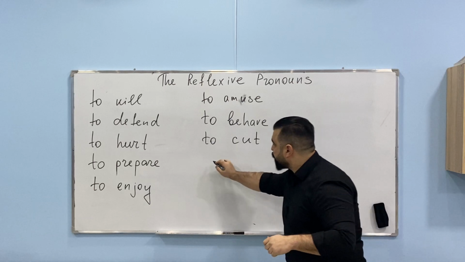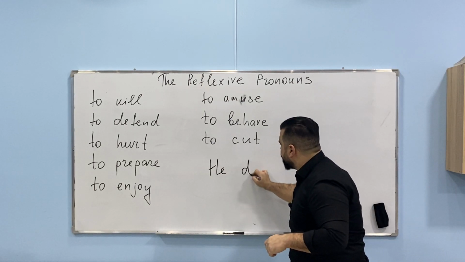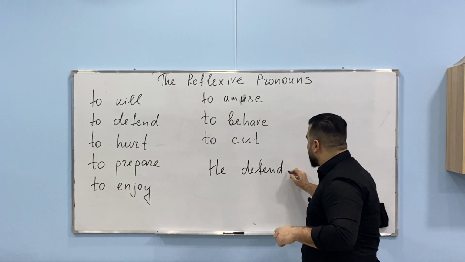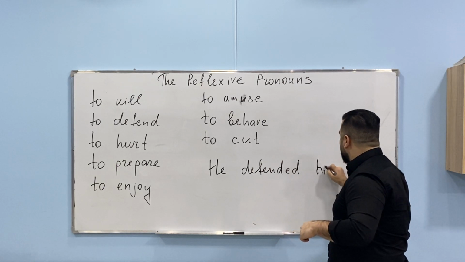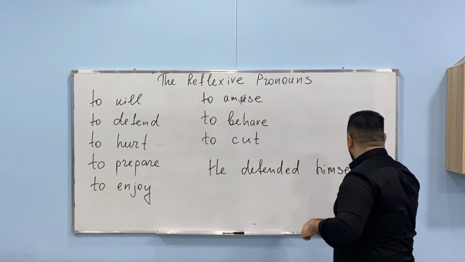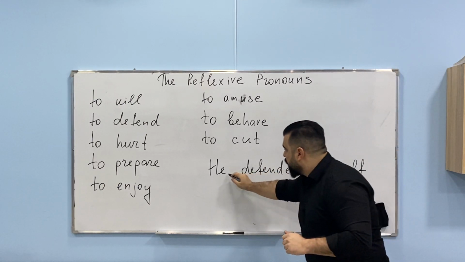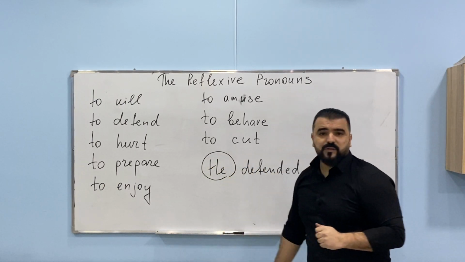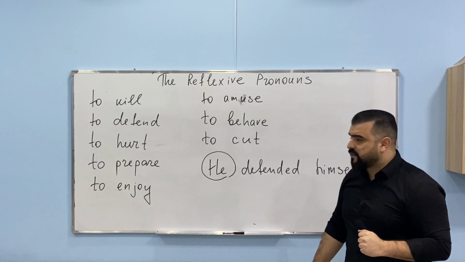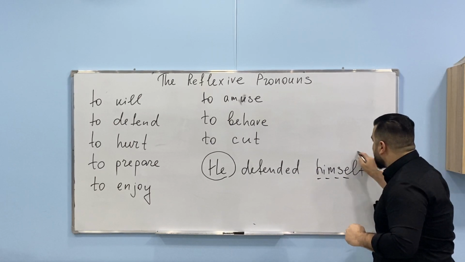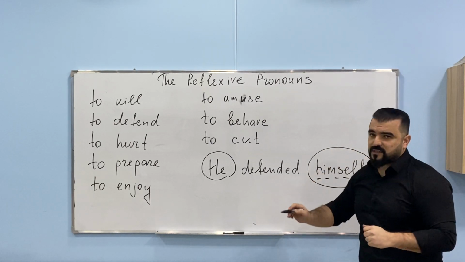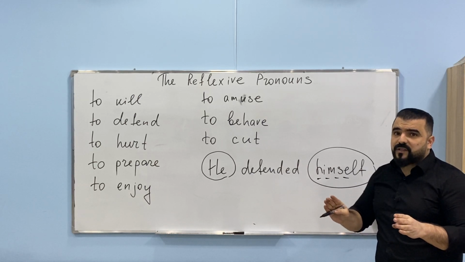For example, he defended himself. He defended himself. In this sentence, he is the subject of the sentence, himself is the object of the sentence. So they are the same person.